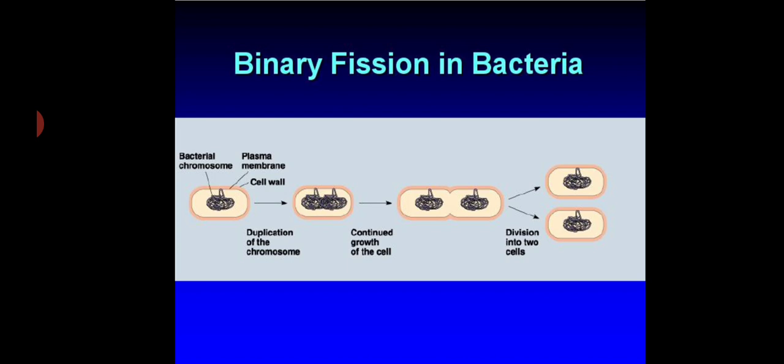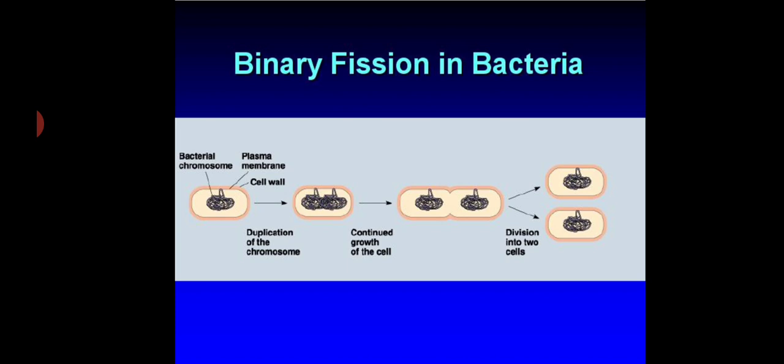This is the diagrammatic representation of binary fission in bacteria. A parental bacterium, with its bacterial chromosome, the genetic material, gets elongated, duplication of the chromosome takes place, and the cell continues to grow.